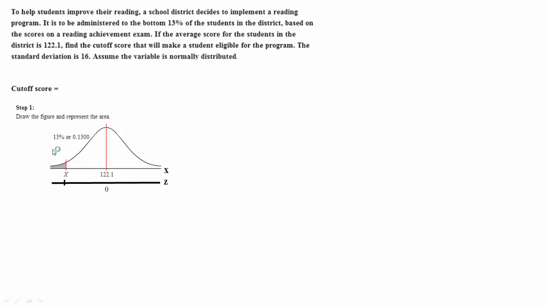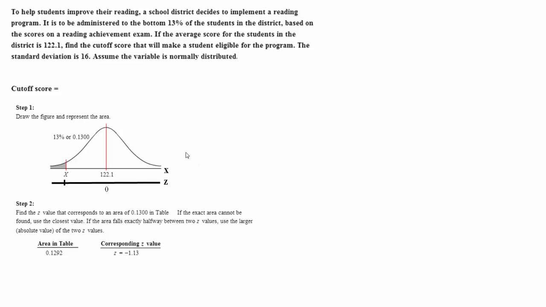We locate that bottom 13% here, and we delineate it with our variable x, or value x. We also want to put in our z-line, which is our perfect world. And we know in our perfect world we have a z value, our mean is 0. And we want to find the corresponding z value associated with the 13%.